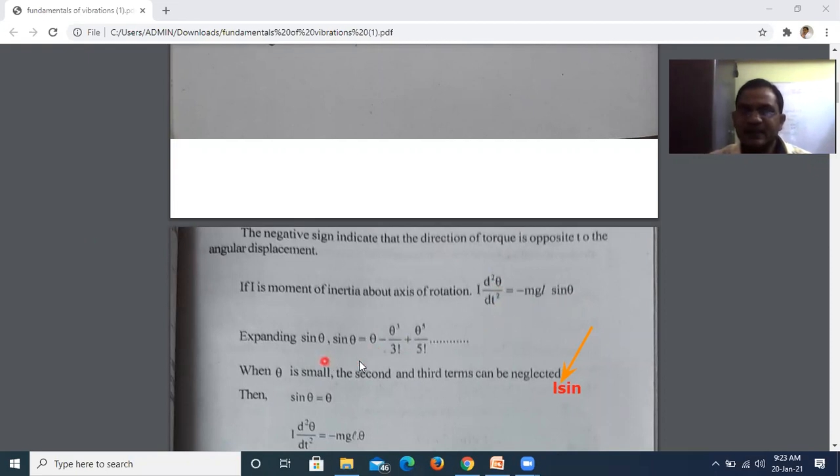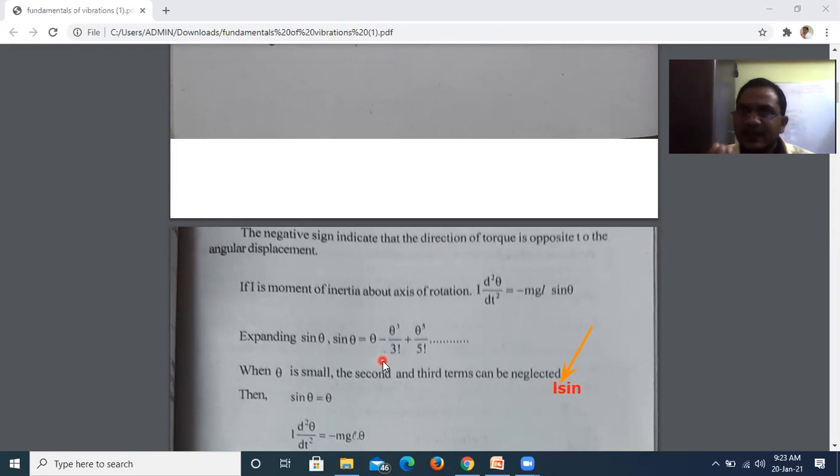But the sin theta expansion is theta minus theta cube by 3 factorial plus theta power 5 by 5 factorial and so on. When theta is very small, the second, third and fourth terms can be neglected. Only you can take theta. So for small angular displacement, the compound pendulum is pulled slightly to the side.